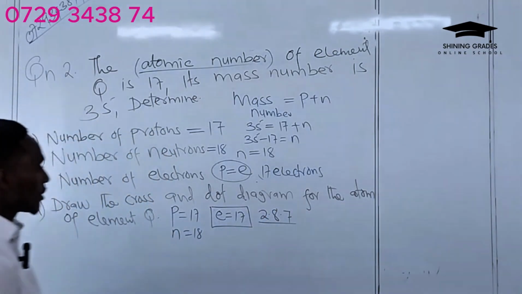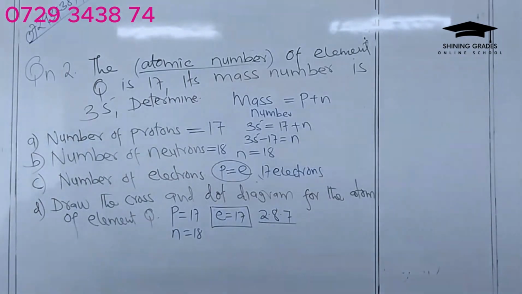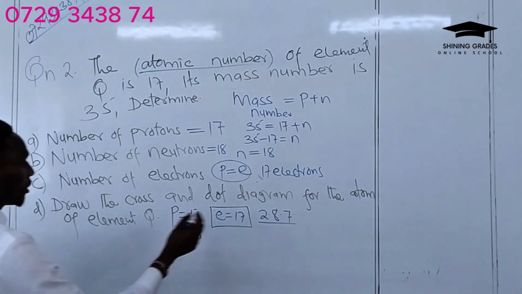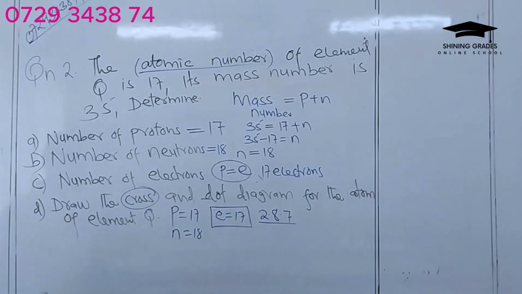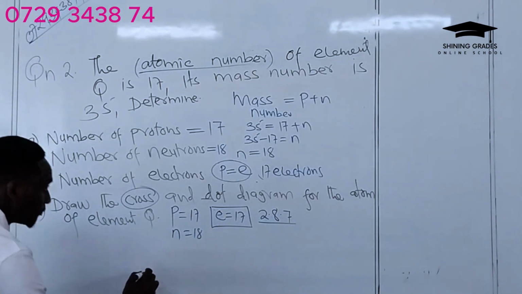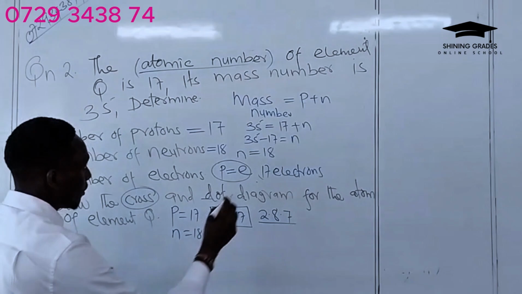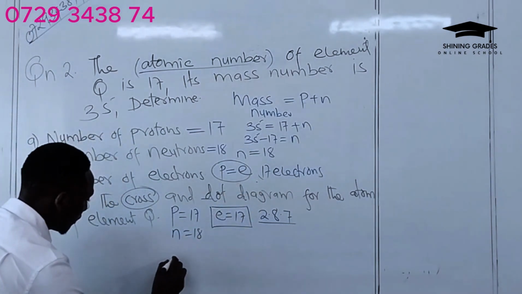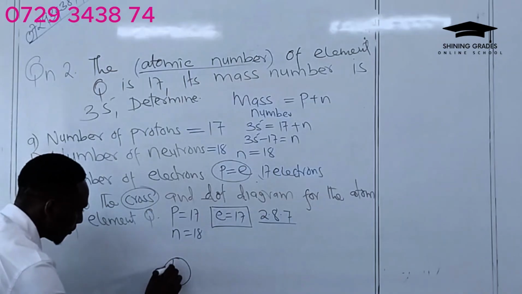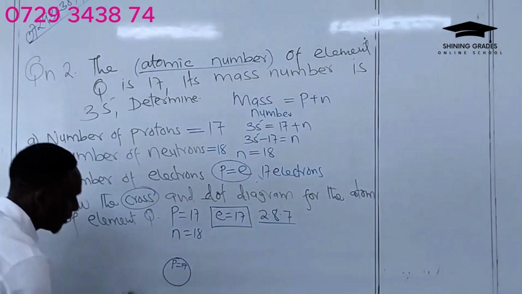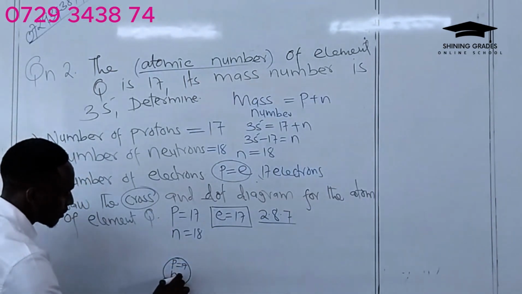To illustrate, we are going to use the cross diagram, not the dot. You can choose either the cross or the dot. Using the cross diagram, I have in the nucleus protons 17 and neutrons 18.